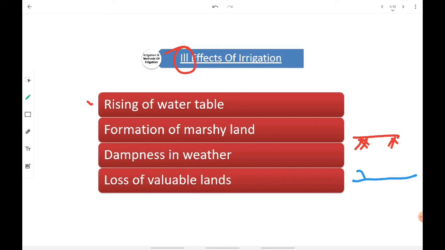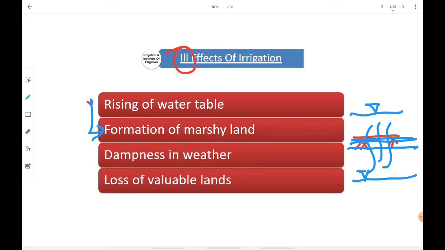So groundwater table will be there, and because of continuous ponding of water, this water will be percolating through the soil layer, and the increase in groundwater table will take place, and this leads to the formation of marshy land. Marshy land means the land which is continuously ponded with water, and thus the overall soil quality gets deteriorated and marshy land forms over there.